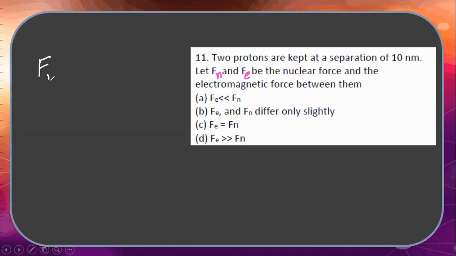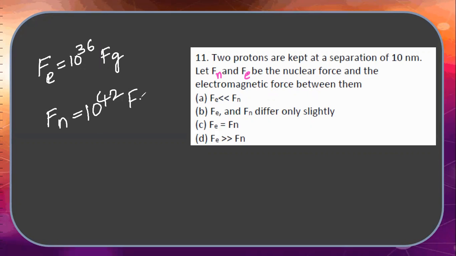Electromagnetic forces are about 10 power 36 times greater than the gravitational forces, and the nuclear forces are about 10 power 38 to 10 power 42 times greater than the gravitational forces.